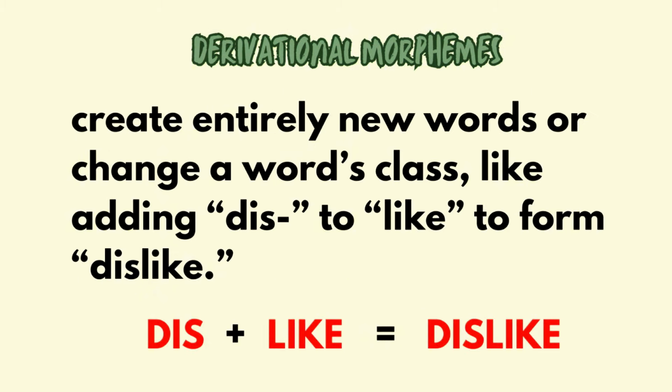Derivational morphemes, on the other hand, create an entirely new word or change a word class, like adding dis- to like to form dislike, like the example I've shown you. English words often use both, where derivational morphemes come before inflectional ones, as in disempowering or reformulations.